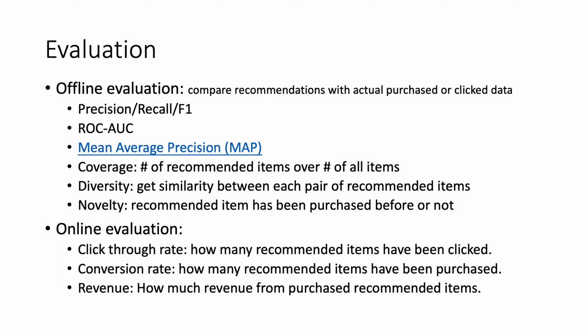And then 1 minus the similarity will be the difference, and then we get an average. Then we can say, okay, among these 10 recommendations, how good is the diversity? It depends on where you want to make the recommendation. For some places, if you need a high diversity, then you can use this metric to measure.